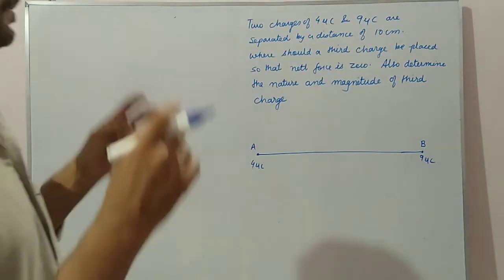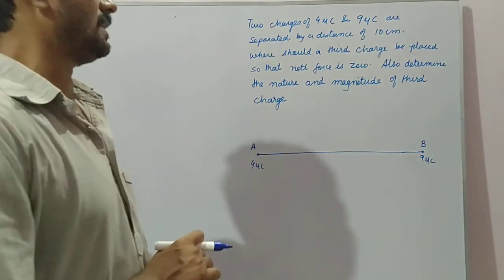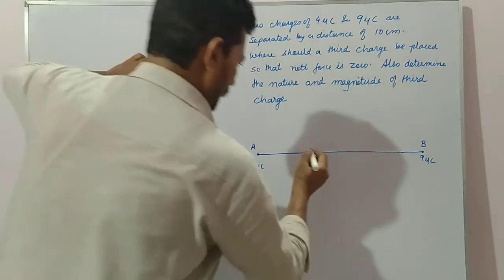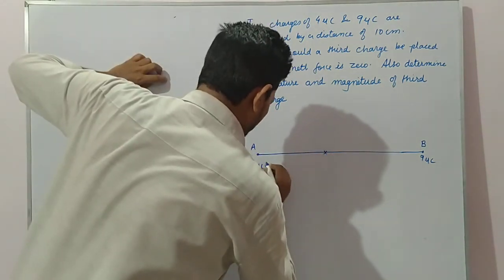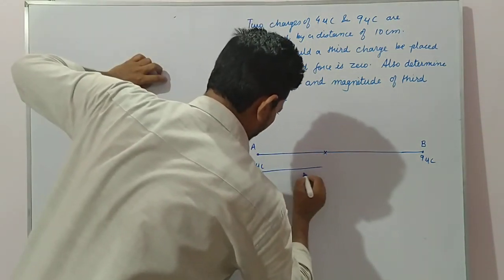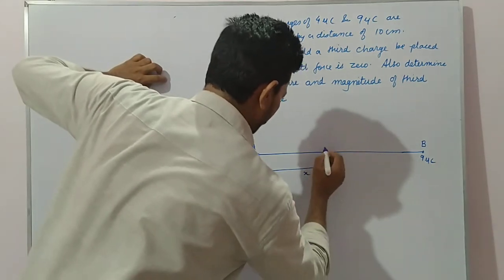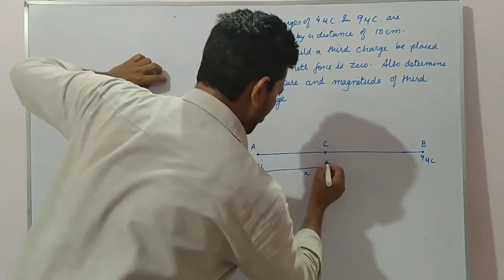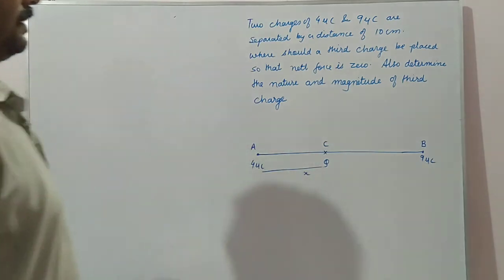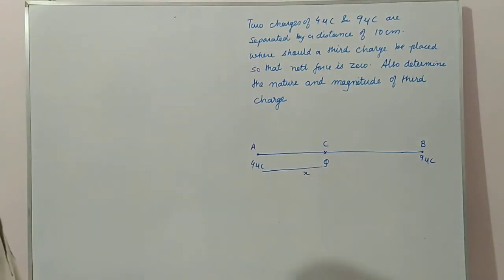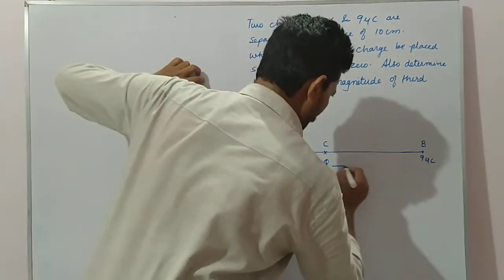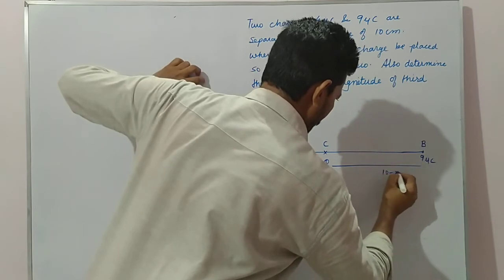Now it is said that where should a third charge be placed so that the net force is 0. So let the third charge be placed at a distance x from A at a point C, let it be Q. As it is separated by a distance of 10 centimeter, if this one is x, this will be 10 minus x.